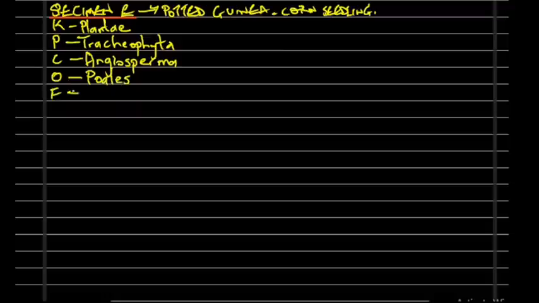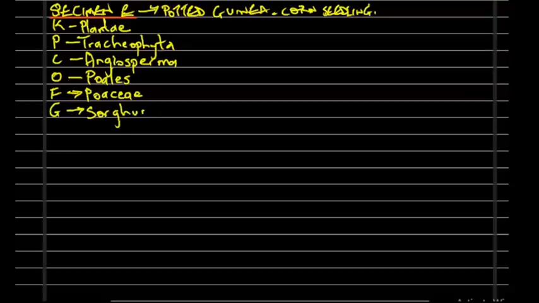Then the family to which it belongs is Poaceae, the genus is Sorghum, and the species is bicolor. That is what we have for the classification.